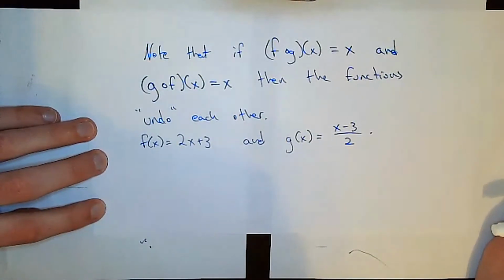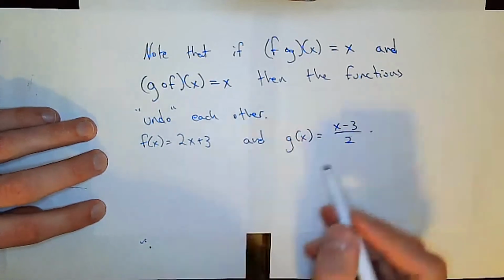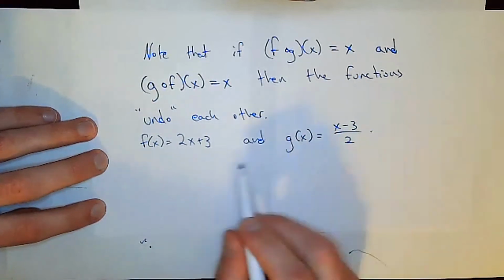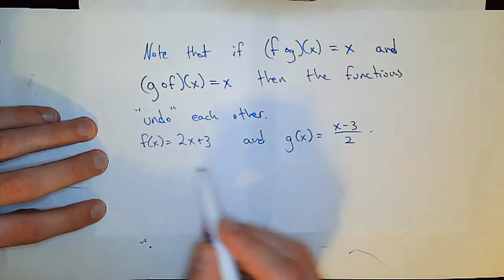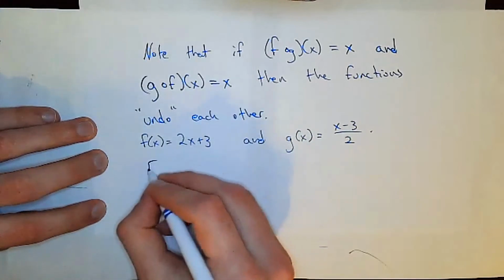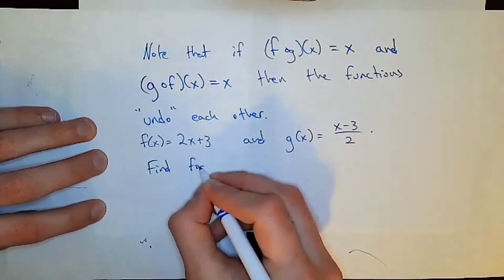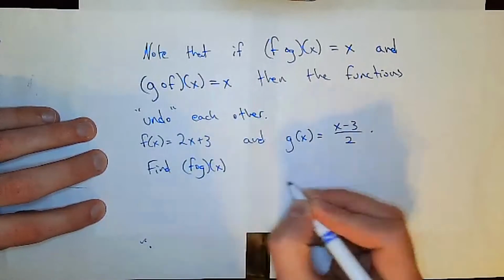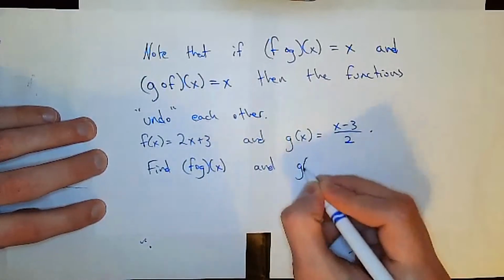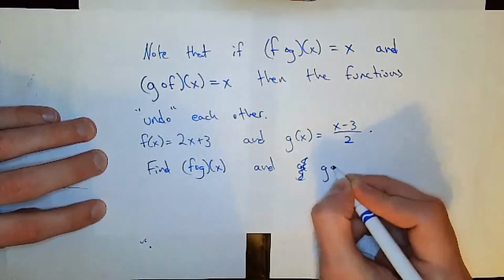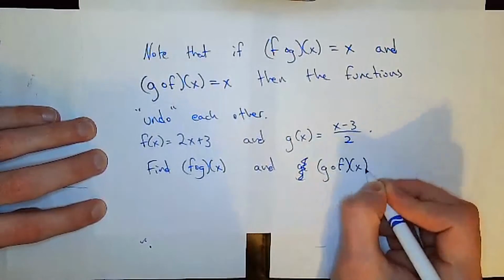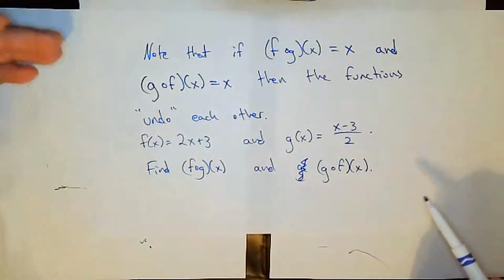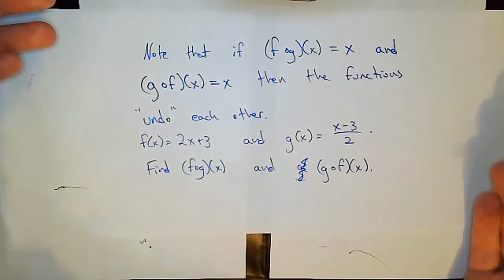As an extra exercise, plug these into each other. Find f composed with g at x and g composed with f at x, and you'll find that they both just end up yielding an x.